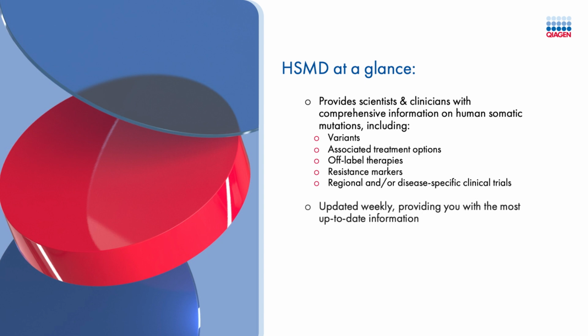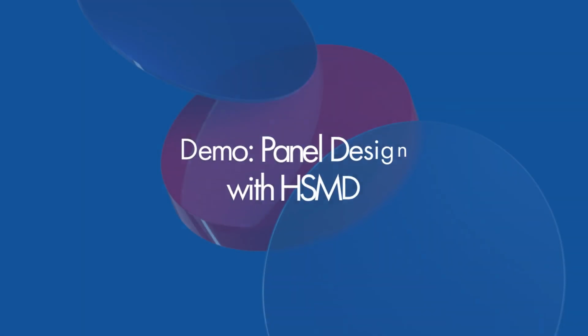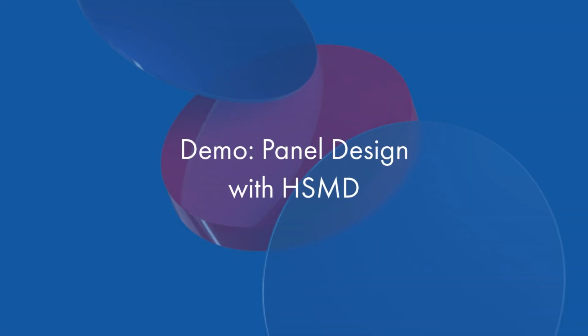The database is updated weekly, providing you with the most up-to-date information on variants, associated treatment options, off-label therapies, resistance markers, and regional or disease-specific clinical trials. HSMD includes data from our manually curated knowledge base, as well as real-world clinical oncology cases analyzed and interpreted by QIAGEN's professional clinical interpretation service, making HSMD a trusted resource for any clinical lab. And now, the part you've been waiting for, the demo.